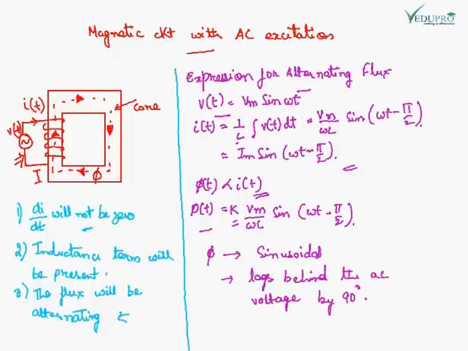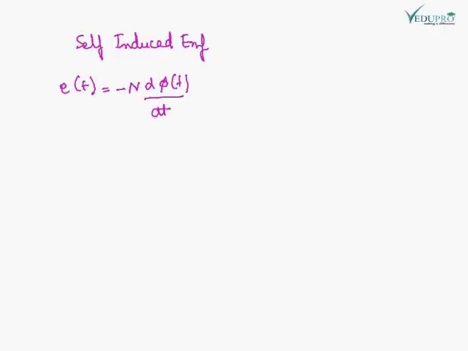So there will be a self-induced EMF, given by e(t) equal to minus N d phi(t) upon dt.